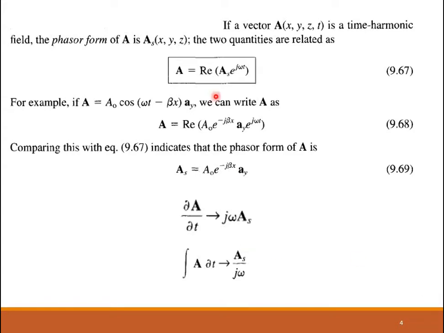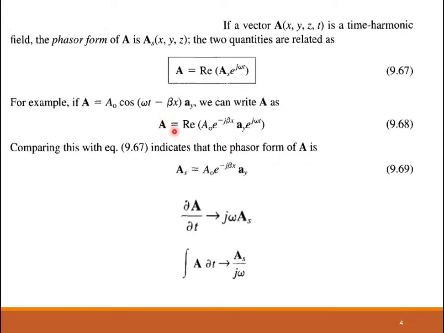And what is the relation between this vector, the instantaneous form, and the phasor form? The general expression is that A is equal to the real part of the phasor form times e raised to j omega t. Supposing I have an instantaneous value A, which is represented as A0 cos(omega t minus beta x) ay. How can this A be written in terms of the phasor form?